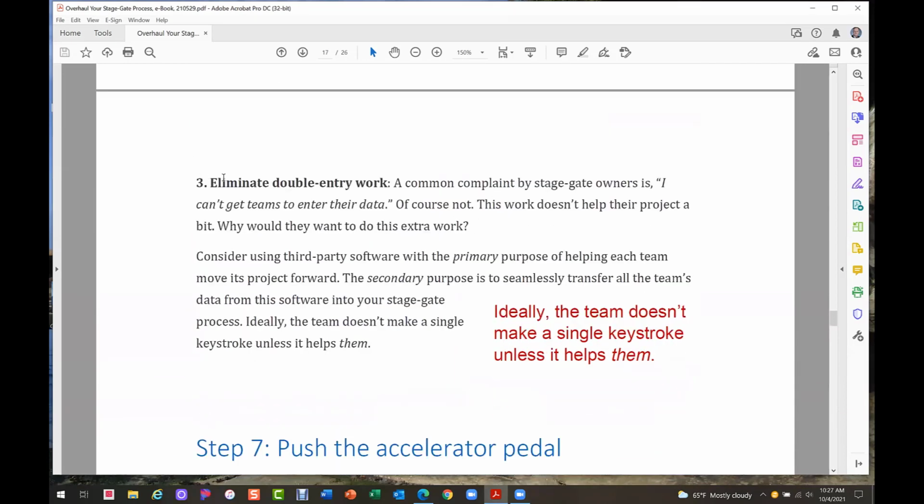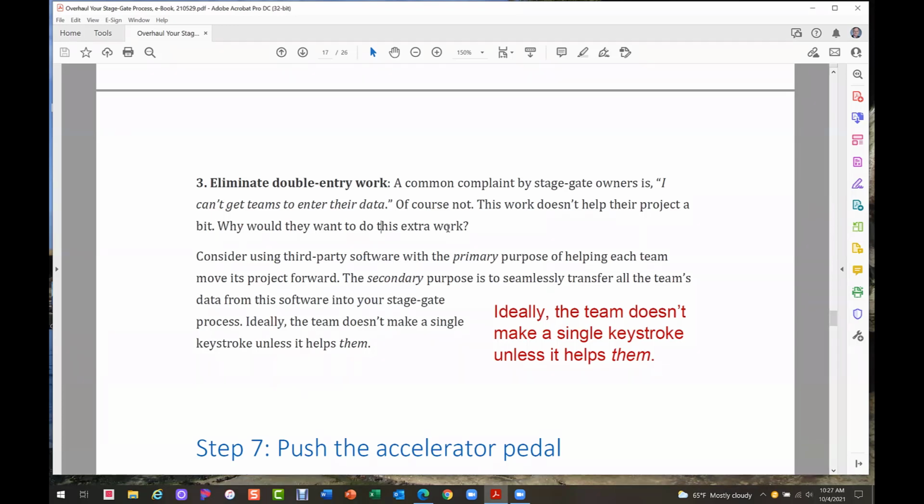Now, the other one, and if you're doing blueprinting, maybe there's another way of doing it too. Here's the other dream in Dan's head: a team does its work, and right now it may be frustrating, like, oh, I have to enter all this data into our stage gate process. Oh, I forgot to enter that data. It doesn't really do me any good, but I have to do it or I'll get my hand slapped. That's the mentality. And then I have to do stuff again for my team.